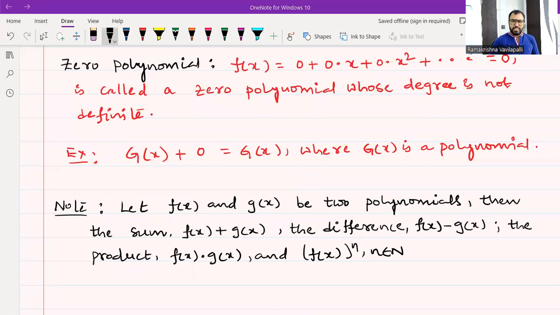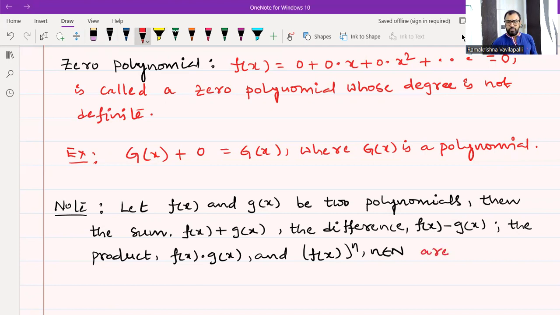Here, let f of x and g of x be two polynomials. Then the sum, f of x plus g of x, the difference, f of x minus g of x, the product, f of x into g of x, the nth power of a polynomial, these are all polynomials.